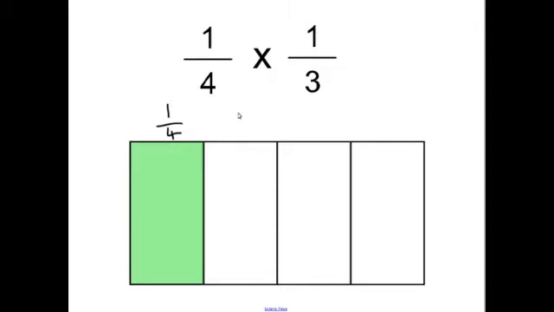Okay, so once again we're asking, what is 1/3 of 1/4? We found what 1/4 is, so now we need to find what 1/3 of it is. So we're going to split that quarter up into 3 parts, and we're splitting it into 3 parts because we're trying to find 1/3. So let's split it as evenly as we can.